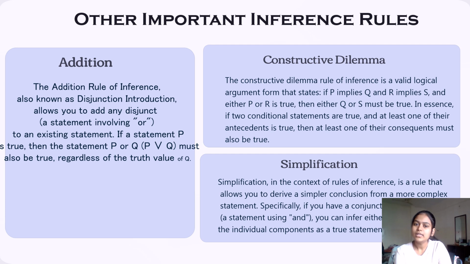So now we'll see the other important inference rules. In that, first one is addition. The addition rule of inference, also known as disjunction introduction, allows you to add any disjunct to an existing statement.